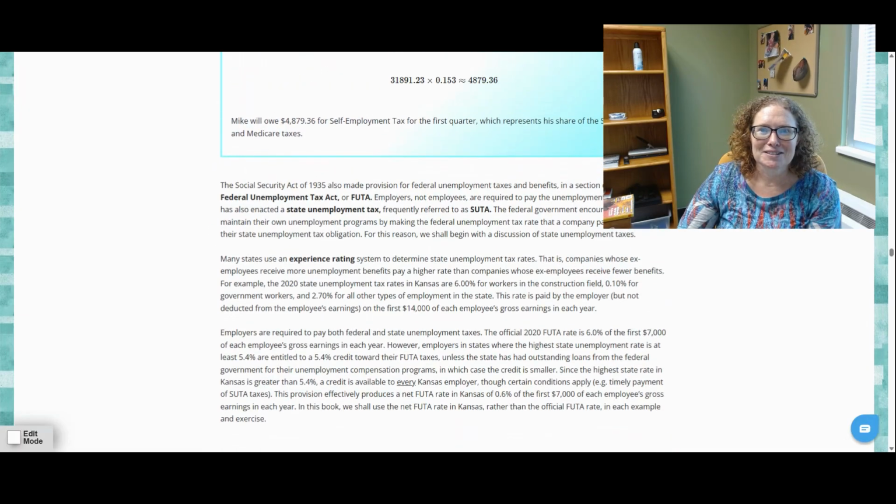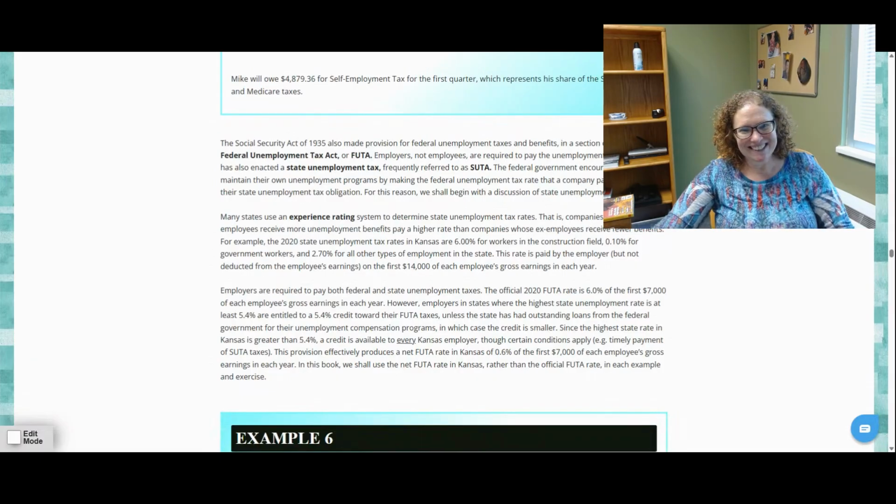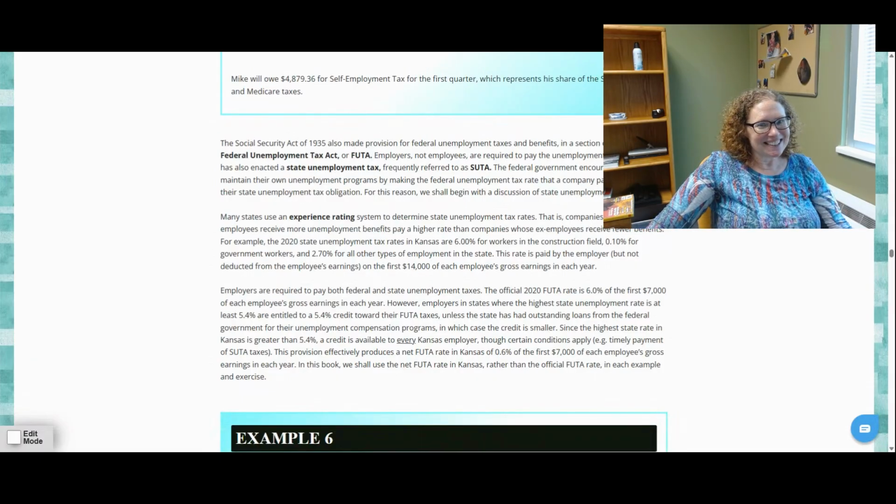And that is self-employment. Then that was FICA. Now we have to look at FUTA. And FUTA is the Federal Unemployment Tax Act. So of course we have taxes.